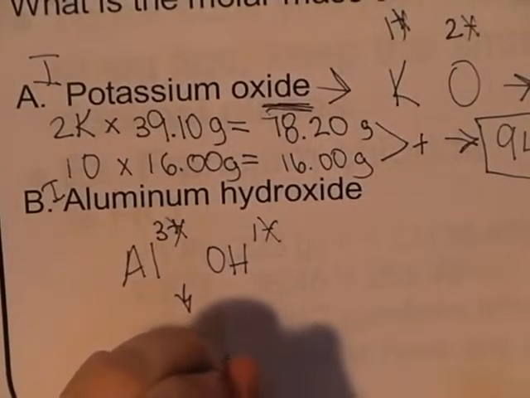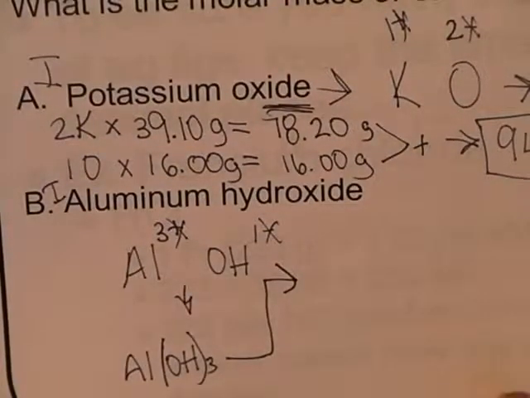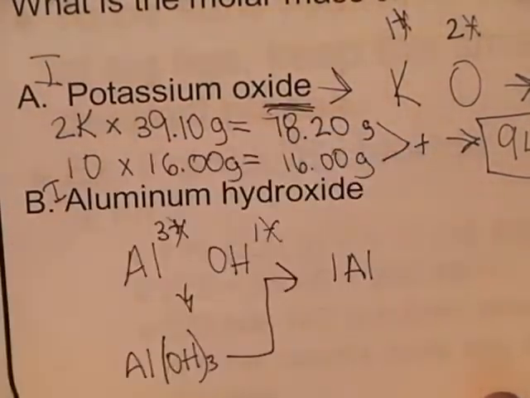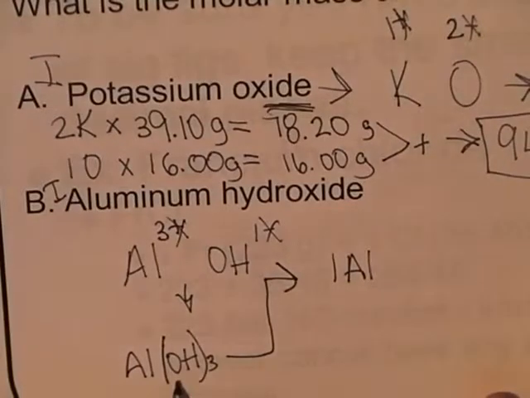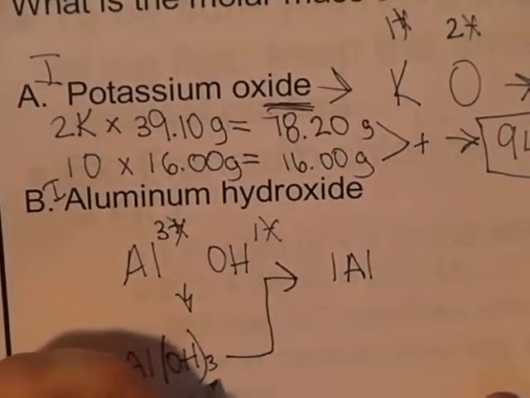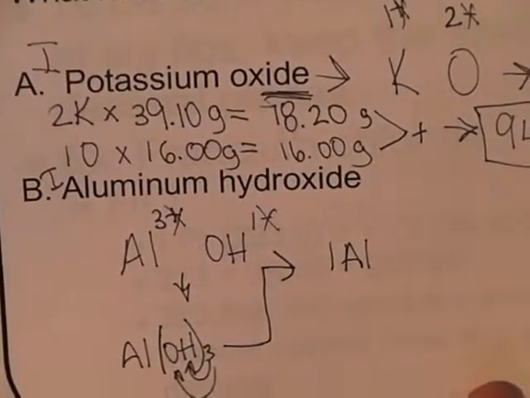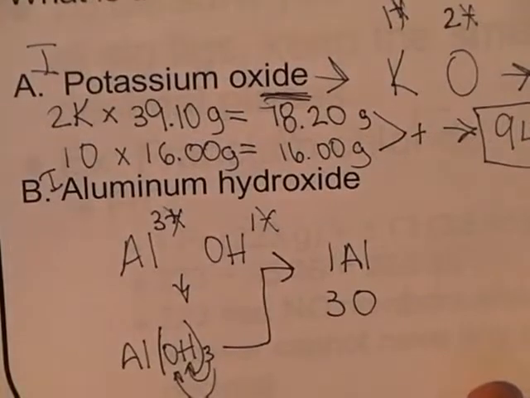All right, so now let's go ahead and do our math. So we've got 1 aluminum. How many oxygen do we have to account for? Remember, this applies to everything inside. So we have 3 oxygen, and how many hydrogen?